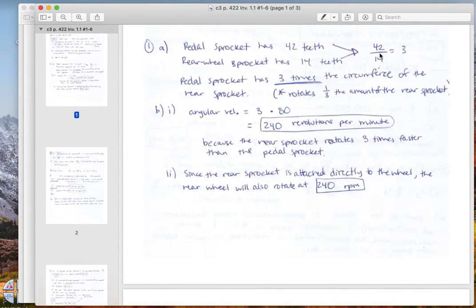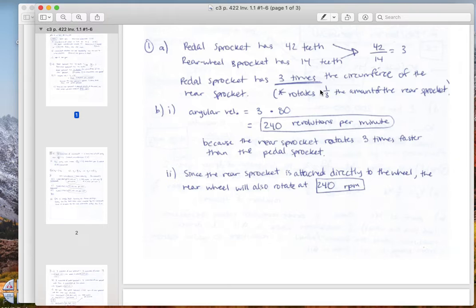So 42 over 14 gives me 3, which means that the pedal sprocket has 3 times the circumference of the rear sprocket, or one rotation of the pedal gives 3 rotations of the rear sprocket, or it takes a third the amount of time. One rotation of the rear sprocket is a third the amount of time that it takes for the pedal sprocket.